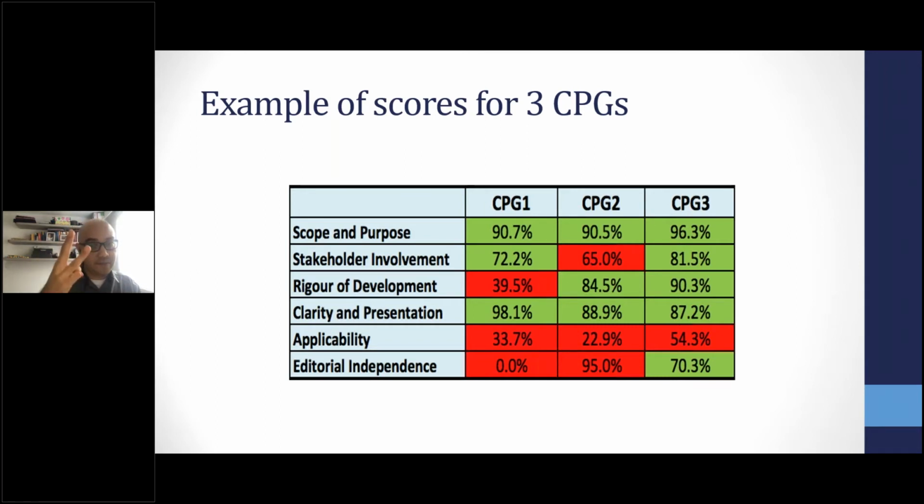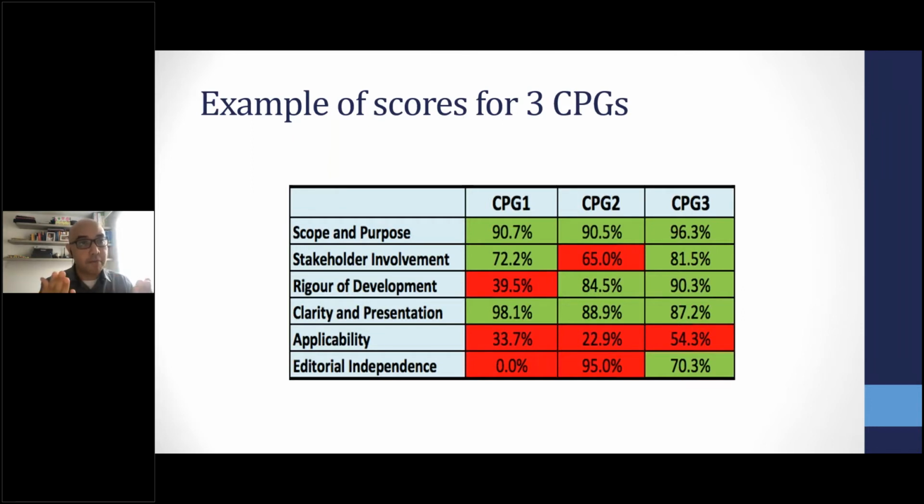Clinical practice guideline number 3 has 90% of rigor of development, which means that the methodology to do the guideline's systematic review process was of the highest quality, while the other clinical practice guideline had 39.5%. It's in red, and the rigor of development, third domain, had 90.3 in the third guideline.